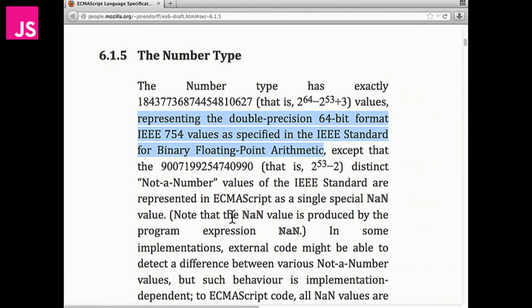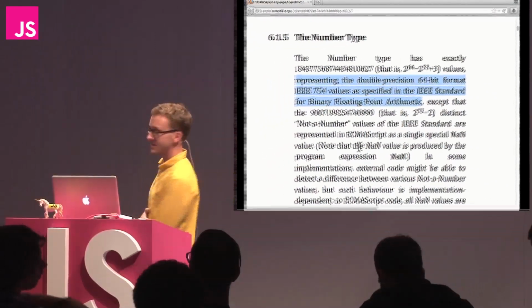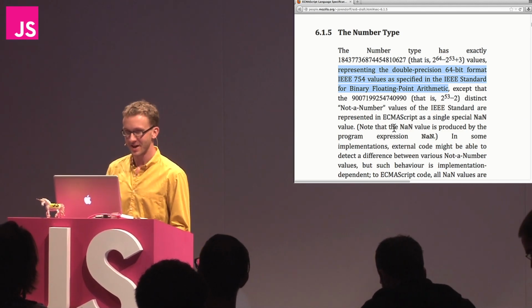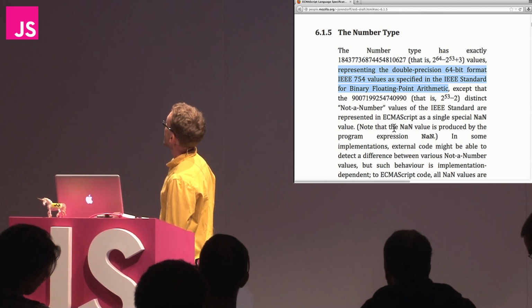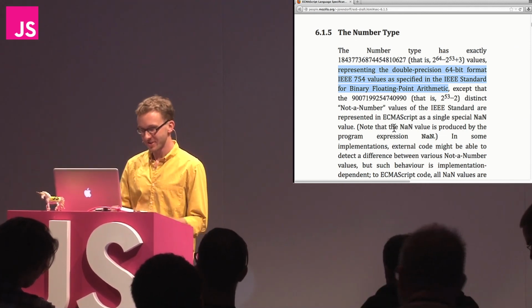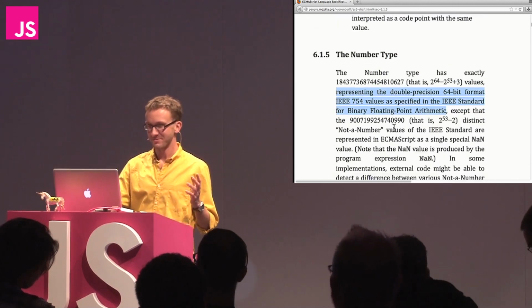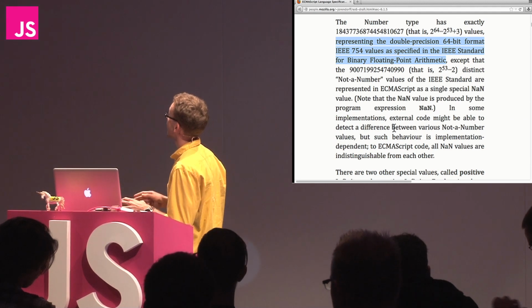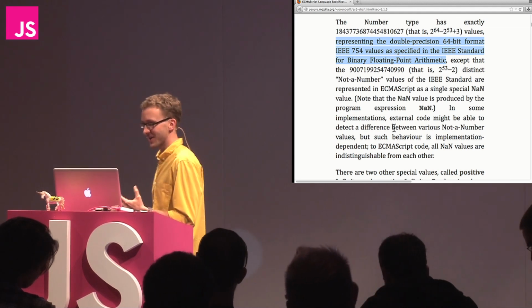But all the standard says about the numbers is that they are represented by the double precision 64-bit format IEEE 754 binary floating-point arithmetics. Actually, it says a little bit more than that, but nothing about how the numbers are represented in memory, how the calculations are done.